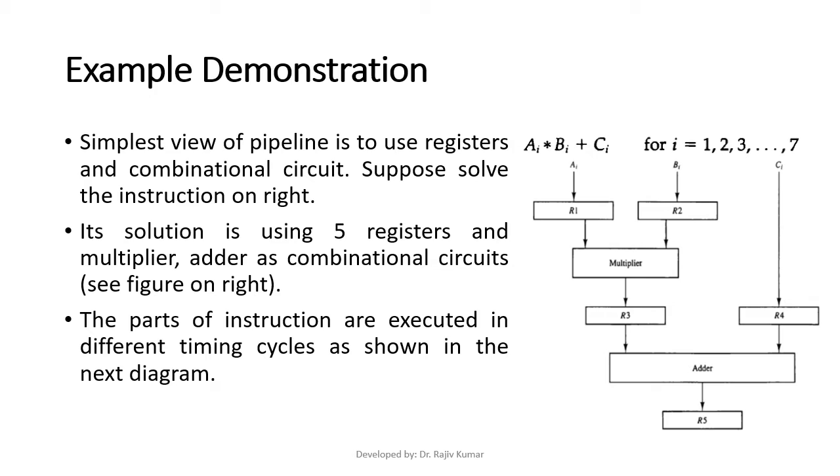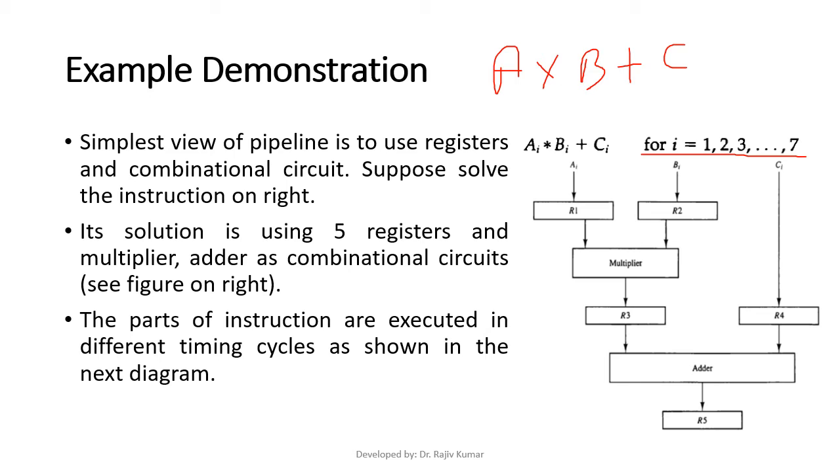Let's see an example through a demonstration. In the computer system, as we process instructions, we are given an instruction like A times B plus C, and this instruction is going to execute in a for loop with 7 iterations.